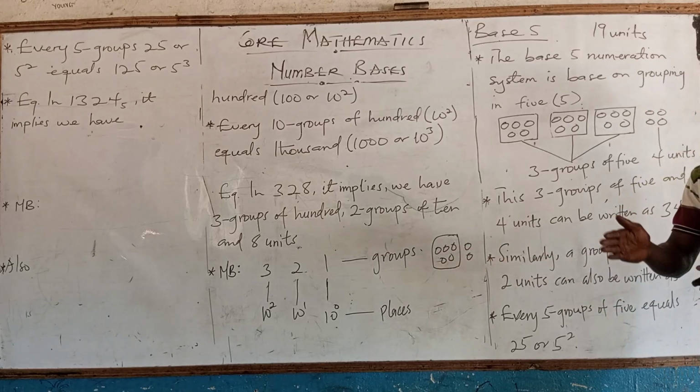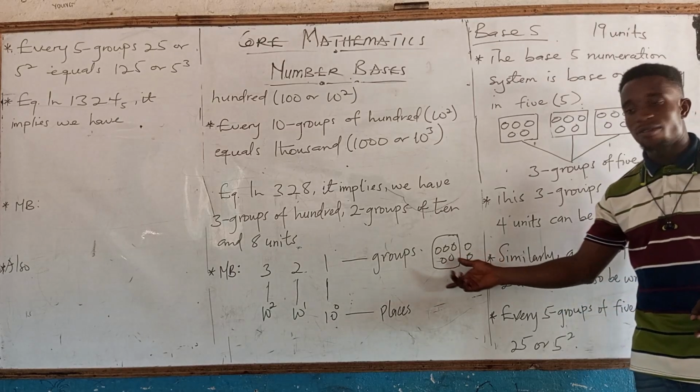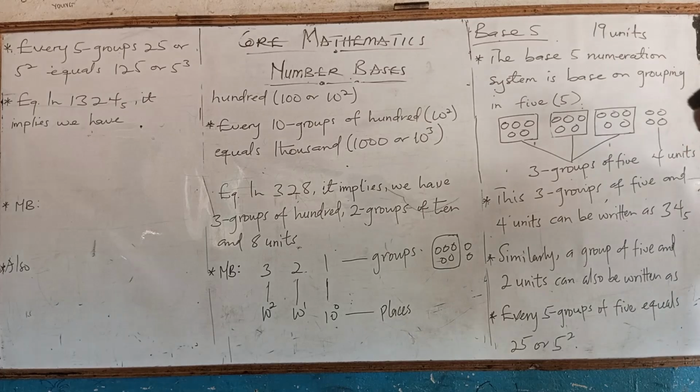So we have 7 units, and we are grouping into 5, and we have a group of 5 and 2 units. Writing that, we have 1, 2 base 5, to show that we have 2 units and 1 group of 5. Earlier we had 4 units and 3 groups of 5. Are we getting that?